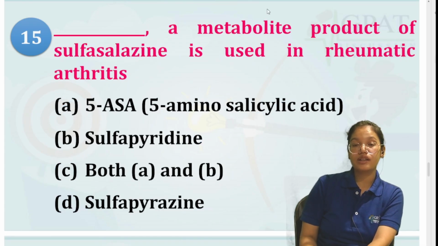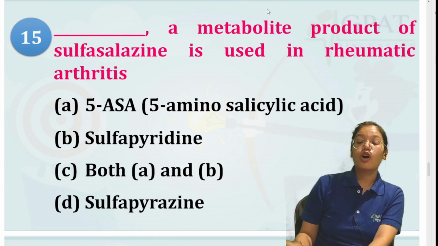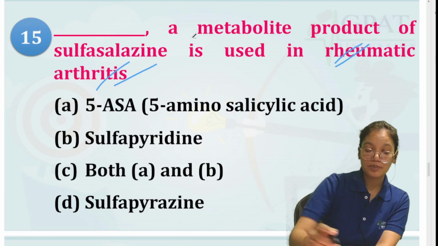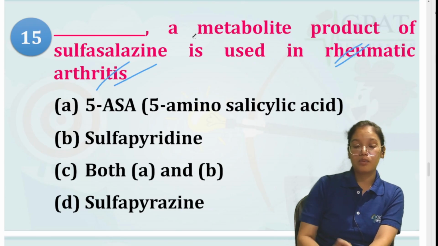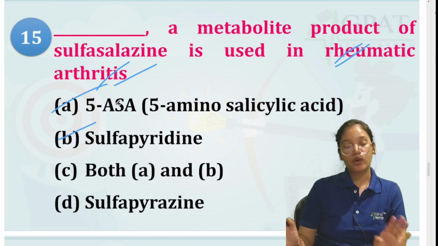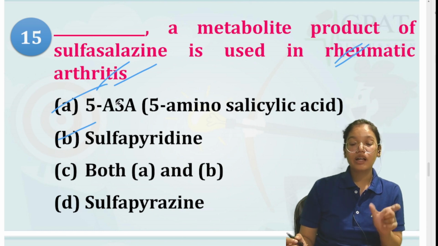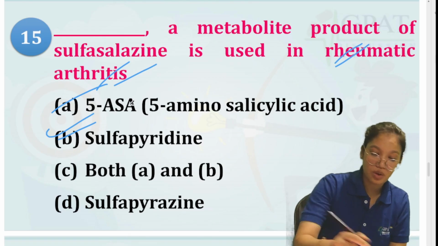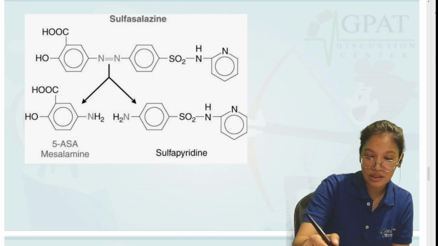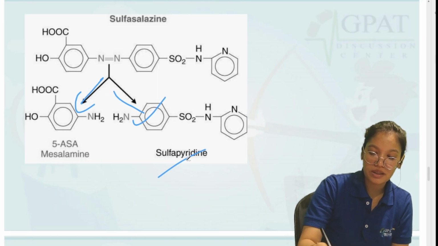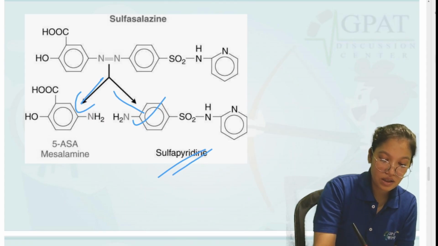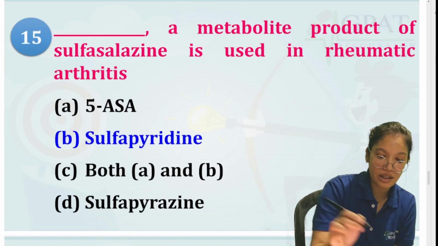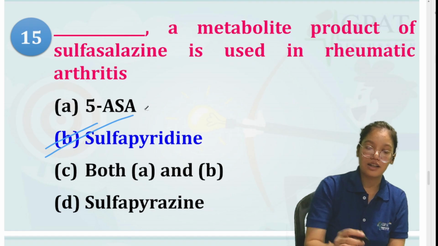So basically both A and B are metabolic products, but for rheumatoid arthritis, B, that is sulfapyridine, is used. So B is the answer.